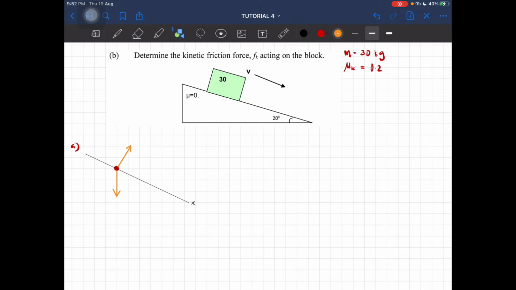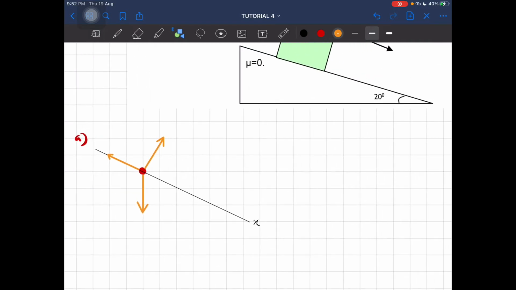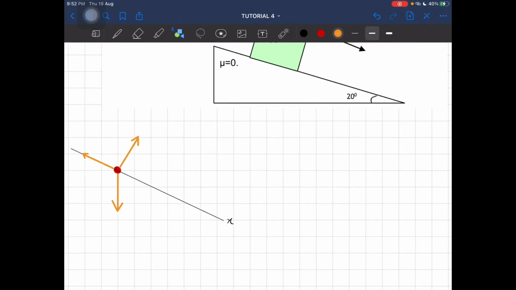It mentions the coefficient of kinetic friction, meaning it will have a friction force. This one here is going against the motion. Alright, what else? I think that is basically the forces there are.